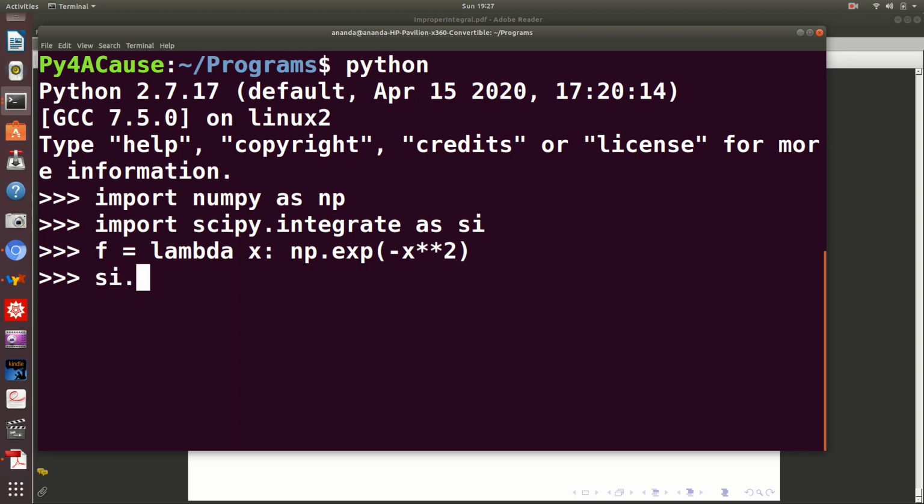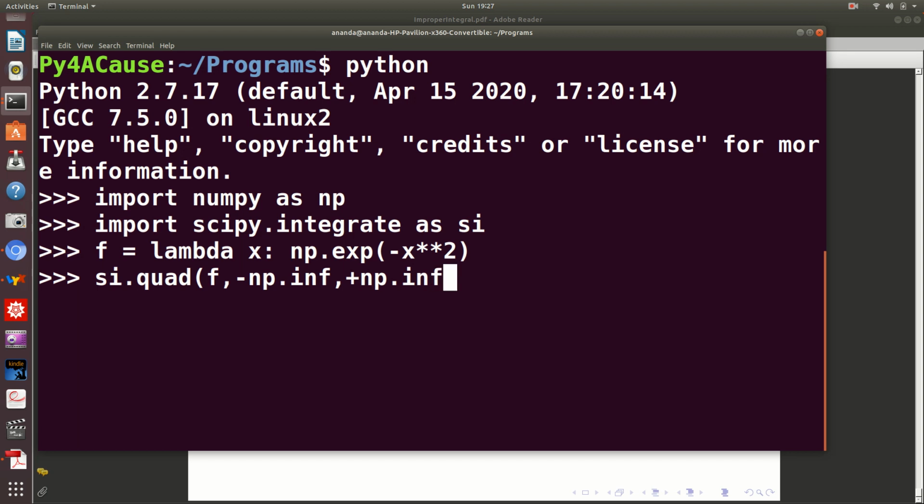Remember, you call it with si.quad. The first argument has to be the name of the function, then the lower limit, which is minus np.inf, for the infinity. By the way, depending on your version of scipy, np.infty might also work, but np.inf always works.